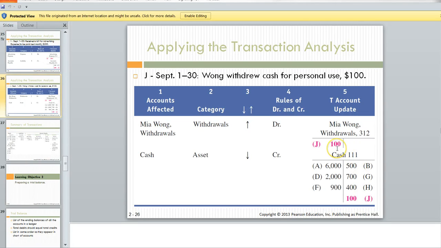A withdrawals account, just like an expense, is debited. Okay, we're accumulating the withdrawals account, so you debit the withdrawals account, take it out of cash. Cash is an asset, so you can see this increase, increase, increase. Had this been in one column, there'd be 6 plus 6 minus 5 plus 2 plus 7 minus 7 minus 4.